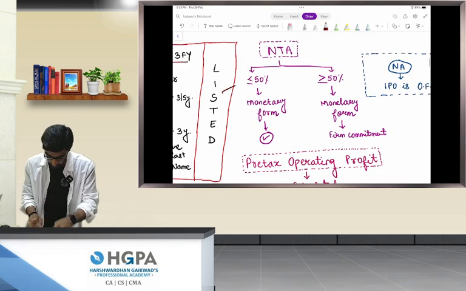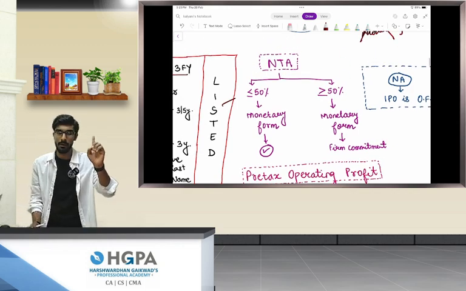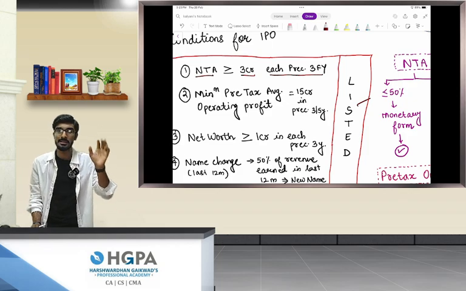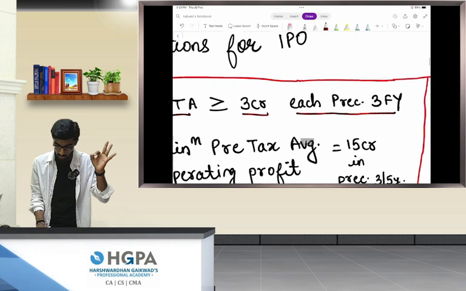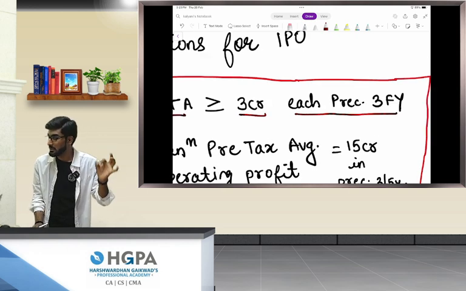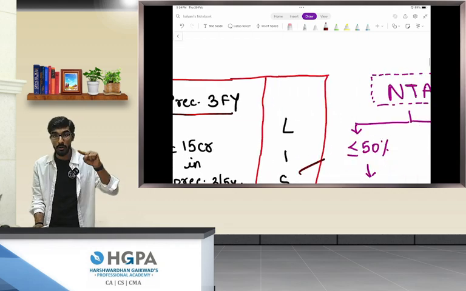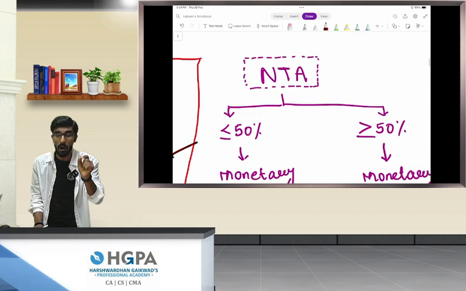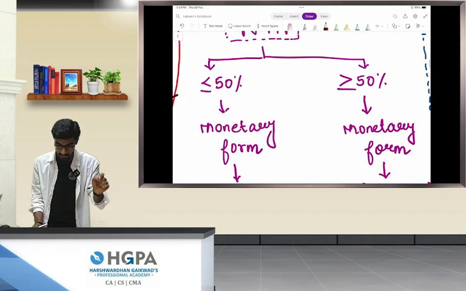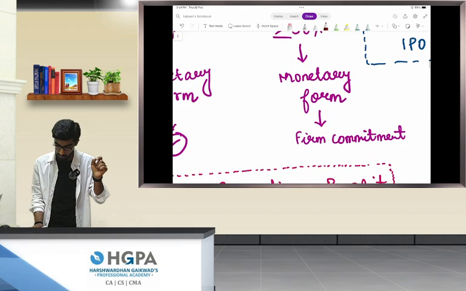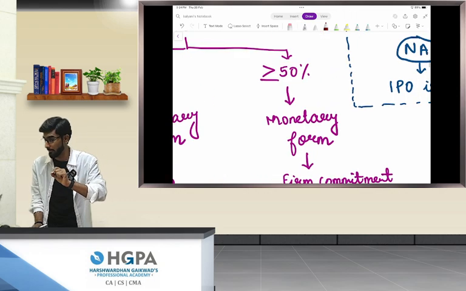Simple. So again I will tell you, the first condition is that net tangible assets should be at least 3 crores in each of the preceding 3 financial years. Clear? Among those net tangible assets, not more than 50% should be held in monetary form.